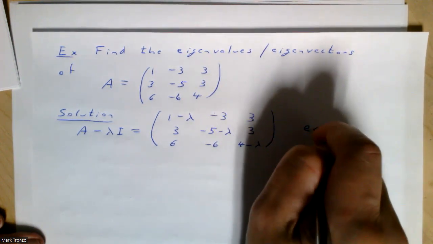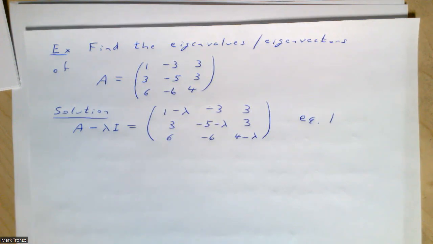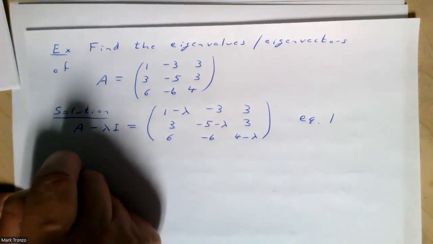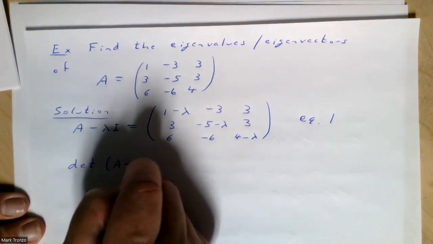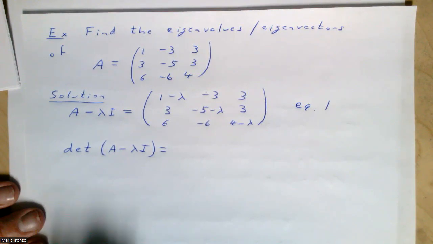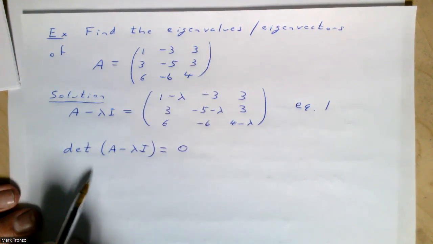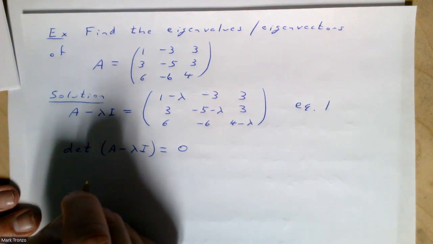Once again, we'll call this equation 1. Now, I won't go through all the steps, but we'll find the determinant of A minus lambda I and set that equal to 0. When you do that, you have to do a lot of algebra.